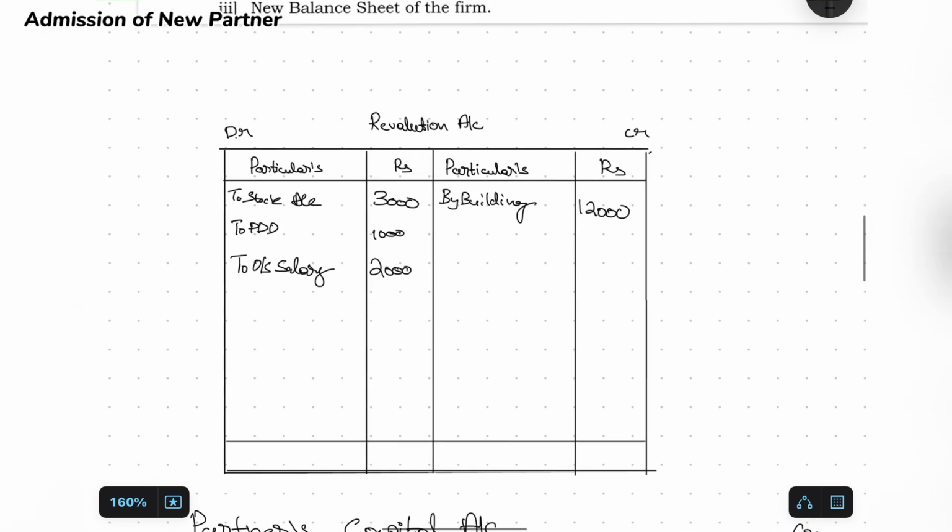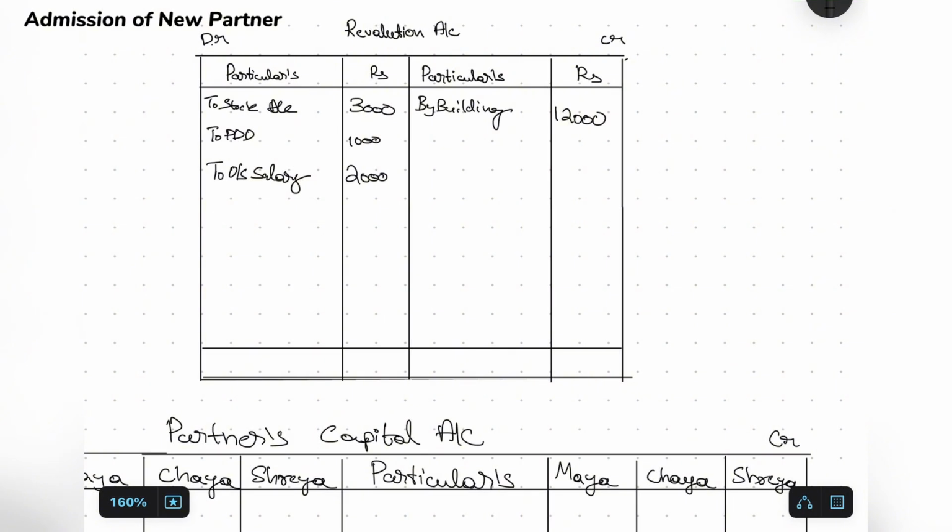Now I'll come to the analysis of the sum. I'll analyze which side balance is more, debit or credit. Here I can easily tell the credit balance is highest, so I'll carry forward the same balance to this side and minus all the expenses. That is 12,000 minus 3,000 minus 1,000 minus 2,000.